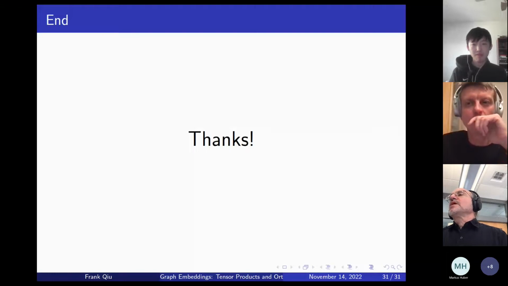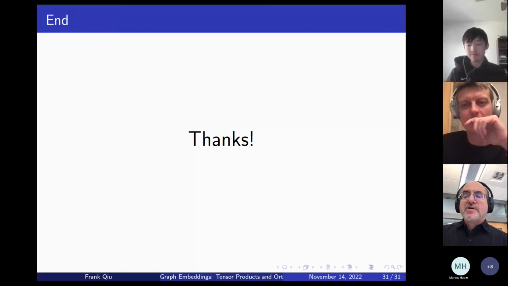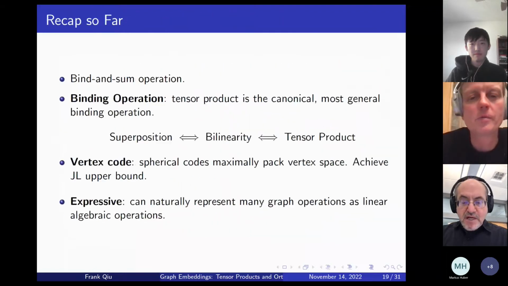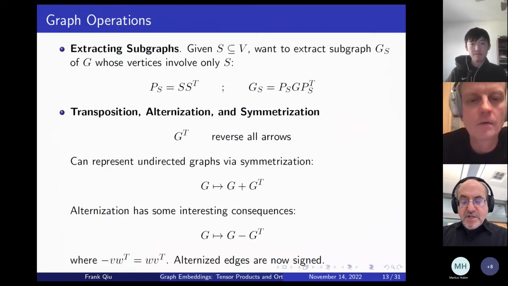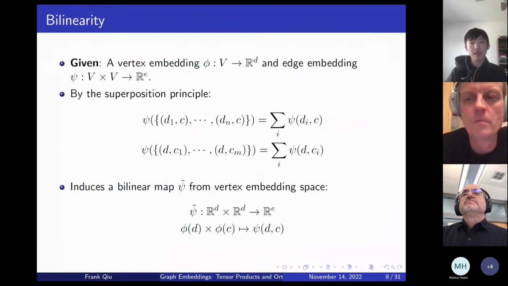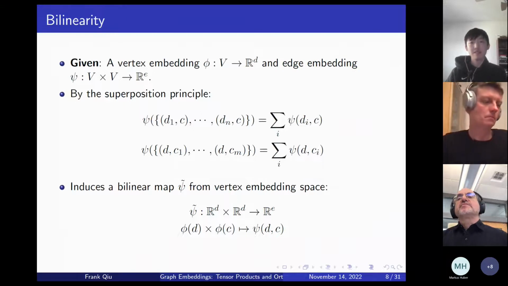But I wanted to ask about something very early in your talk. I didn't want to interrupt the flow, but very early in the talk, you made a connection that I didn't get, which is how superposition entails bilinearity. Could you state that theorem again? What is that implication actually? Yeah, I can go a bit slower.